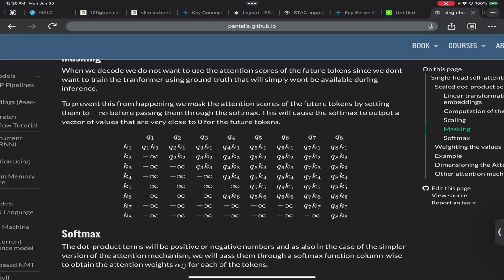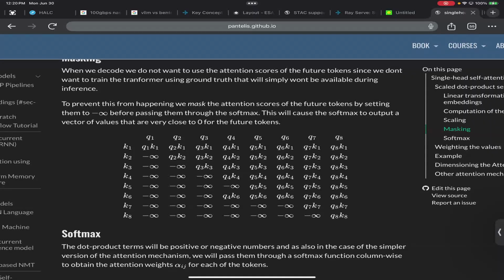So we would like to make those attention weights 0. And one way to make this attention weight 0 is to actually, as you can see here, set these scores to -infinity. So when the softmax is applied, e to the -infinity is going to be 0, and finally the attention weights will end up being 0.